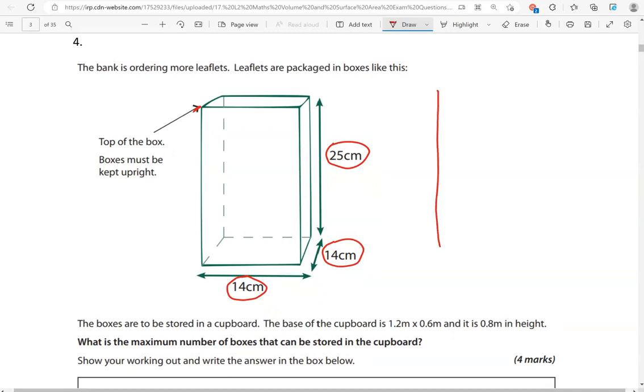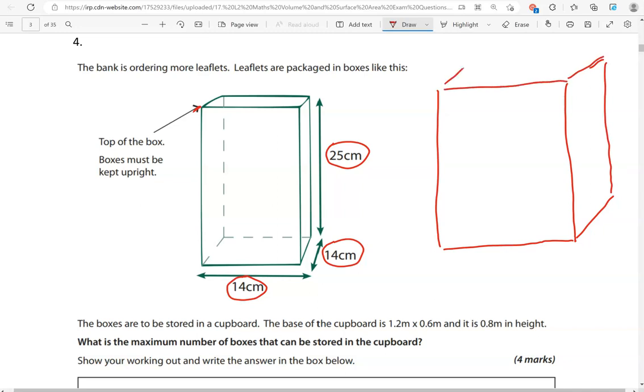I'm going to try and draw here as well. So 1.2 meters by 0.6 meters by 0.8 meters.